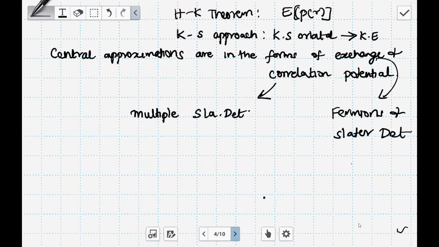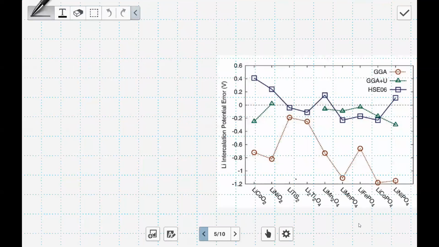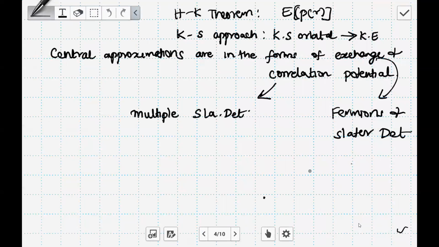Okay. In DFT, you do not have Slater determinants. Okay, so this is not there in DFT. So the exchange is not correctly calculated. The fermionic nature of electrons is not correctly represented in density functional theory.